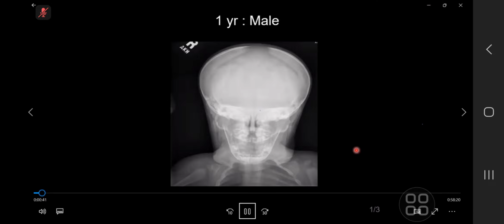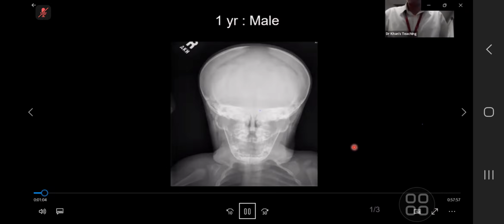Okay, this is a frontal radiograph of the skull of a 1-year-old male showing increased bone density of both. Don't worry about bone density.